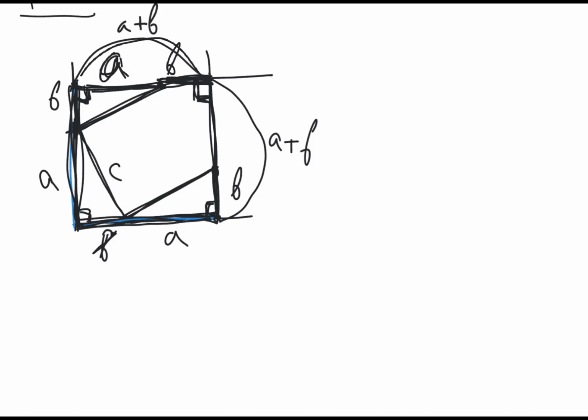So it must be equal to B, and this segment must be equal to A. So it's A plus B minus B. Okay, and we connect here.